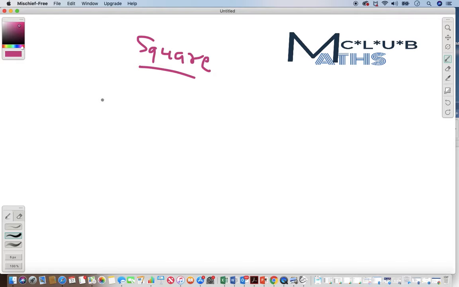So the shape I can make it. Let's see if I can make this square. I know that's hard, but hopefully this looks like a square. Even if it does not look like one, I'll pretend that this is a square. The characteristics of a square: all the sides, all the edges, are equal to each other.